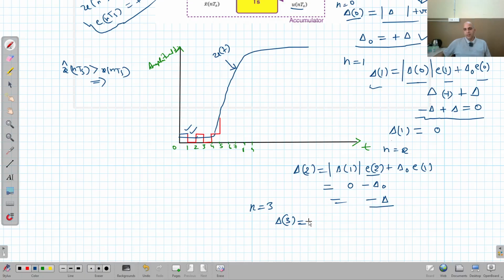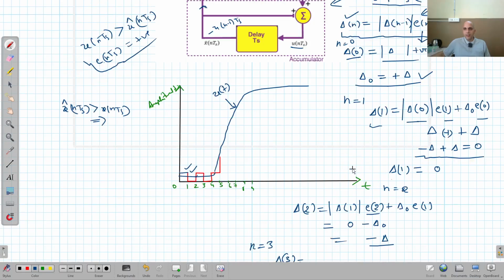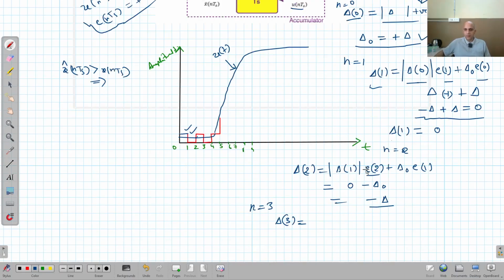Now delta 3 is equal to what? Delta 3 will be modulus of delta 3 minus 1, that is delta 2, modulus E3, plus delta naught into E2. Here it was E1, so obviously n minus 1 gives E2. Now you can put the value of delta 2. Delta 2 is minus delta naught, minus delta, sorry.